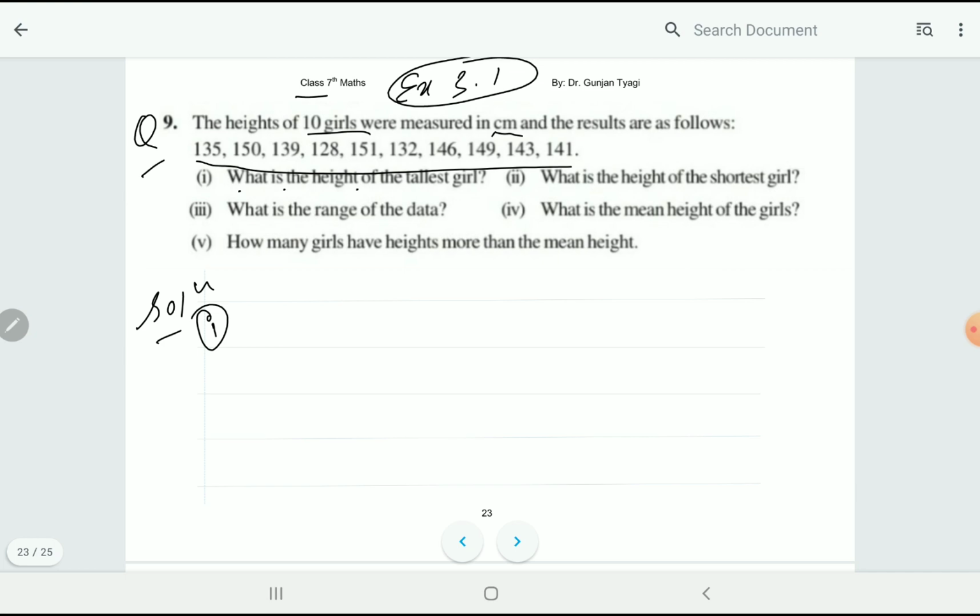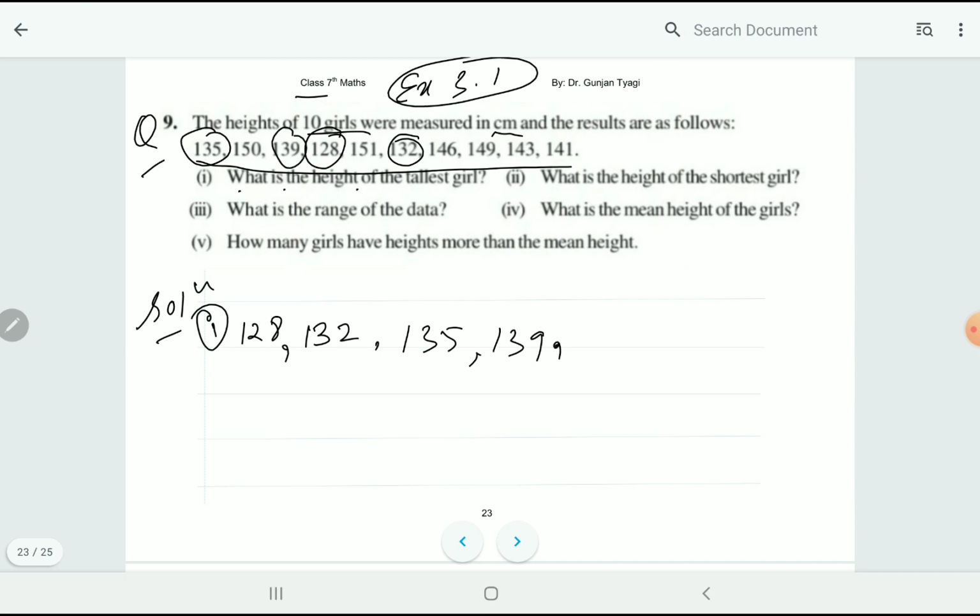First of all, we should arrange the data in ascending order to avoid mistakes. So let's do it. Lowest is 128, 128, 132, 132, 135, 135, 139, 139.